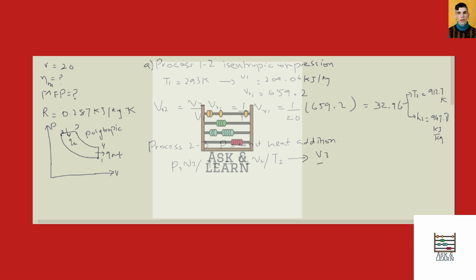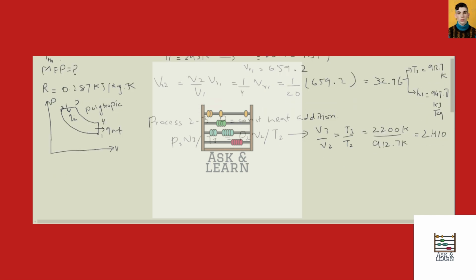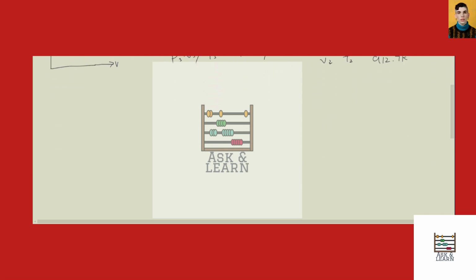This implies that V3 over V2 is equal to T3 divided by T2, that is 2200 divided by 912.7, which is 2.410.